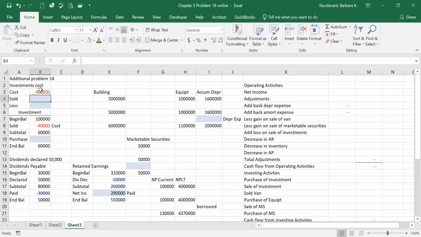Do I know anything about a gain or a loss? Guys are going to be really in trouble for this test. What do I know about it? What did it say on the income statement?